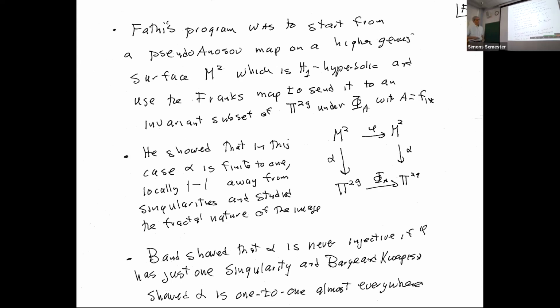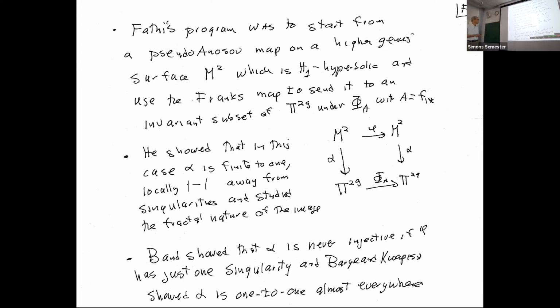So the whole program and the whole answer to the question depends on whether the Franks semiconjugacy is 1-to-1 or not. So the image doesn't have double points or triple points or singularities, or is it genuinely embedded? Albert proved some nice results about it.